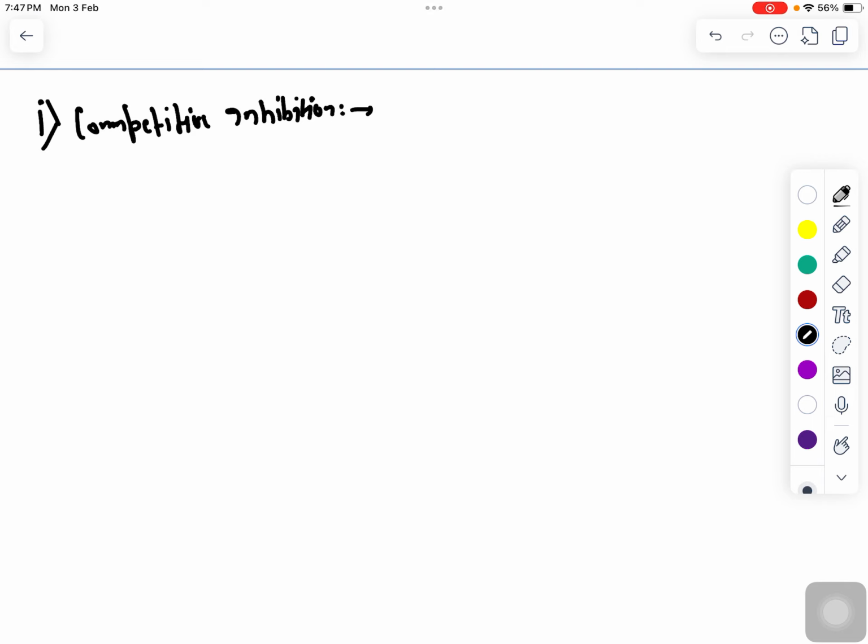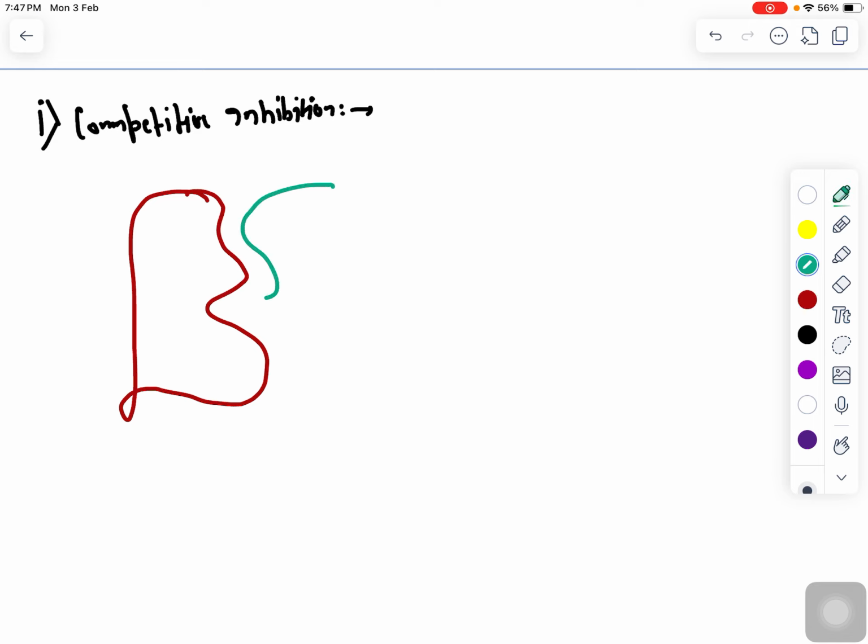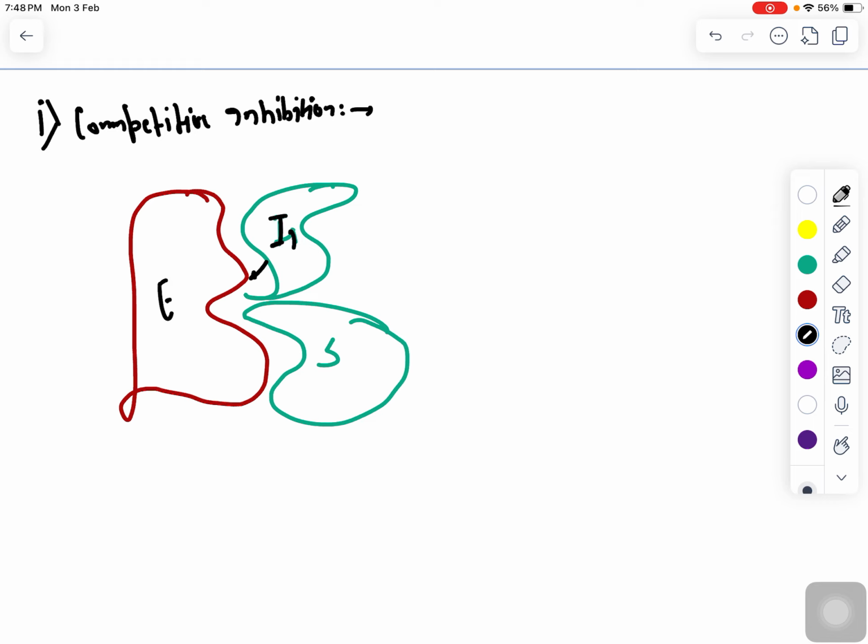In competitive inhibition, you will see that the inhibitor competes with the substrate for the enzyme's activity, right? Let's say this one is the enzyme, and some inhibitor will be there and substrate will be there. In order to acquire this active site, the inhibitor tends towards the enzyme, and the substrate also tends towards the enzyme.